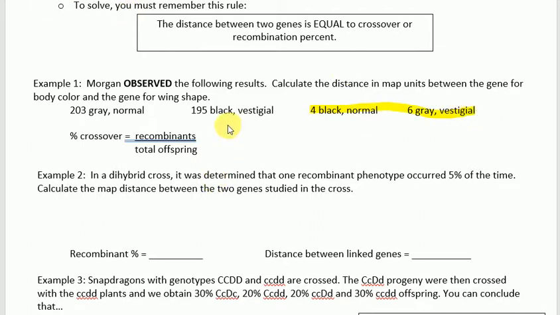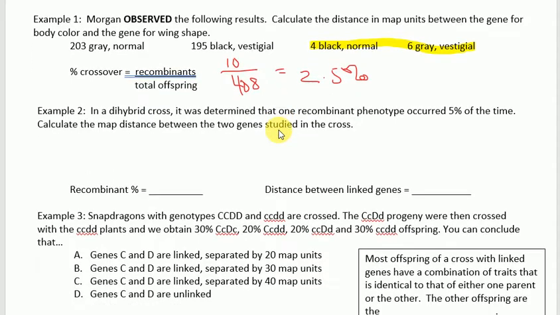So we're going to take 10 divided by the 408. And of course, you want to multiply it by 100 to get a percent. And that would be 2.5%, or 2.5 map units.